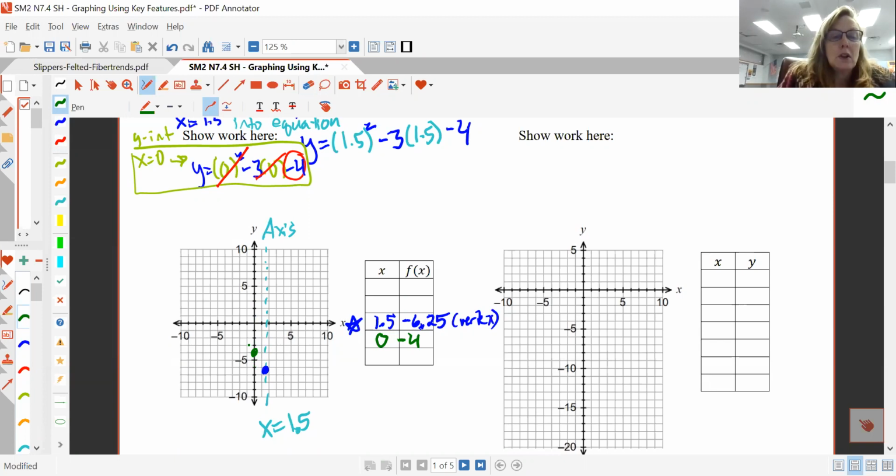Okay, so what I've got now is a point, and it's over here on the left. So this point is on the left of the vertex. So there's the vertex, there's my point. There should also be a matching point, like here, okay? So your check to make sure everything is going well is that you should find this matching point, all right? And it should line up on there.